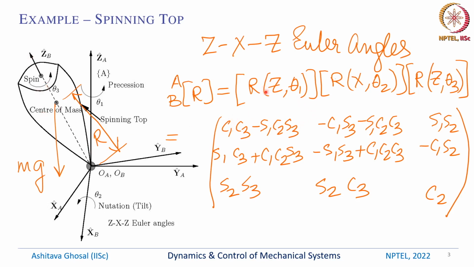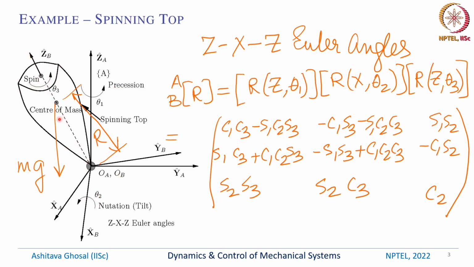It is the rotation matrix about Z by theta 1, times the rotation matrix about X by theta 2, times the rotation matrix about Z by theta 3. Theta 1 is the precession angle, theta 2 is the tilt or nutation angle, and theta 3 is the spin, which is the rotation of the top about the Z axis.